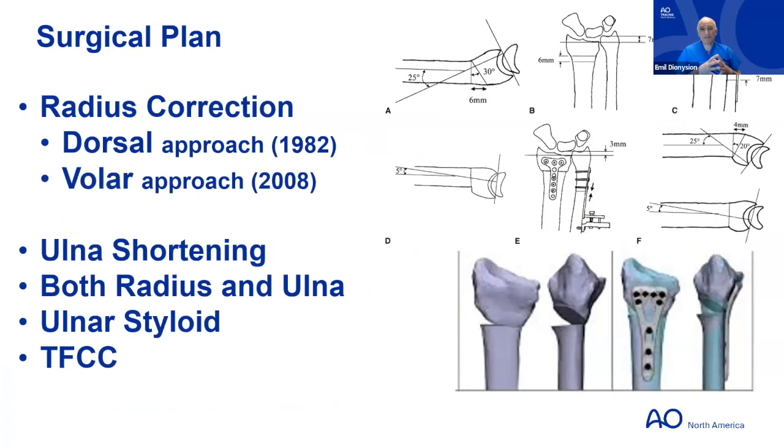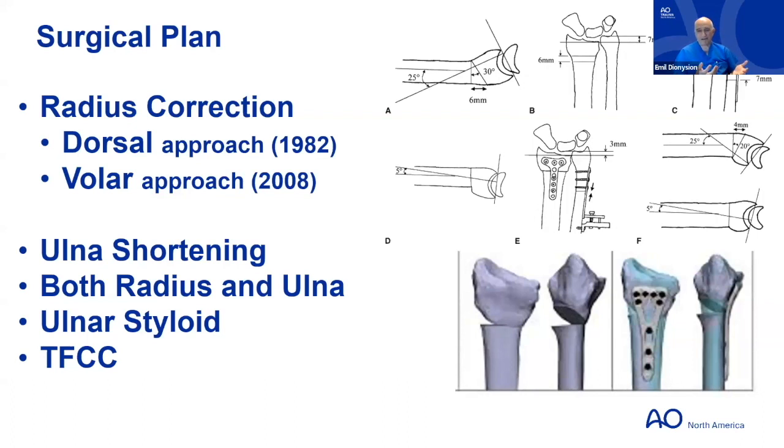Now, as far as surgical planning, this concept of dorsal approach initially became popular with Diego Fernandez's article in 1982. At that time, we didn't have locking screws, so the idea was to have a corticocancellous graft dorsally, because most of the problems were dorsal malunions, to correct it and put in a corticocancellous graft and a dorsal plate.